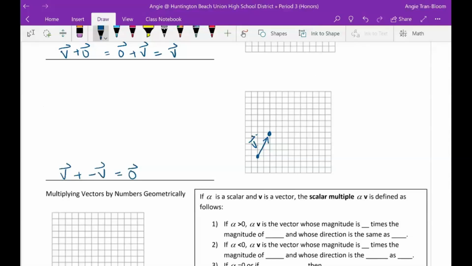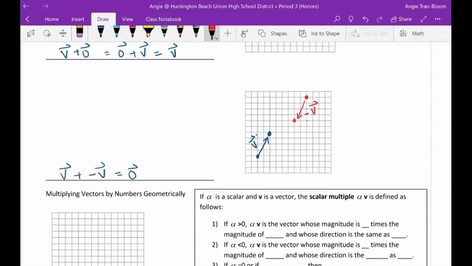What does the negative vector look like? The negative vector starts at the same location, but you go in the opposite direction. So technically, I can put this negative vector anywhere. Remember that, right? The position where it is located is not important. It's really just the size and the direction. So because I went up 4 and right 2, technically, class, I can start here, go down 4 and left 2, and draw the arrow the other way.